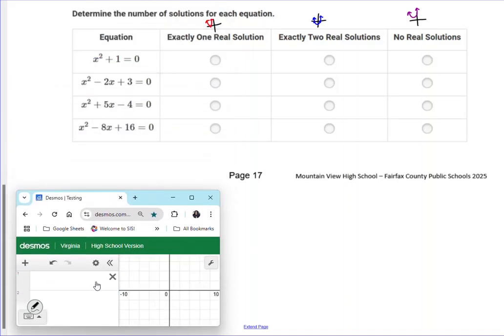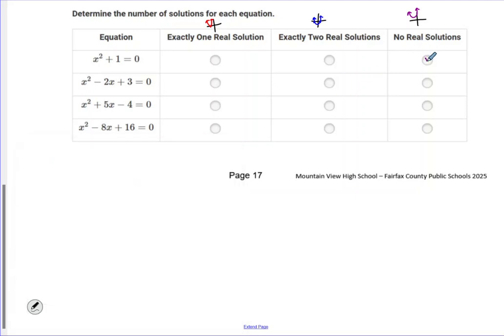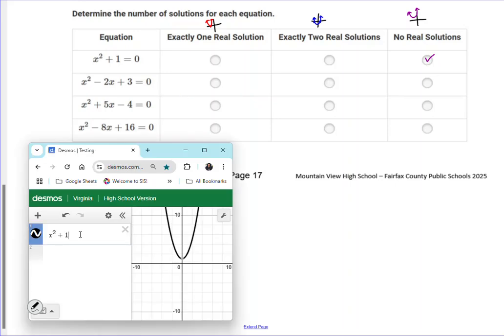Okay, so let's graph the first one. So you have here x squared plus 1. See how there is a y-intercept. I don't care about the y-intercept. I only care about the x-intercept. I don't see any x-intercepts, which means that it has no real solutions. Okay, let's go to the next one.